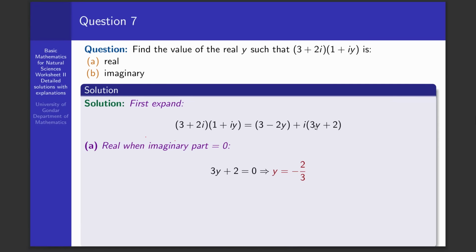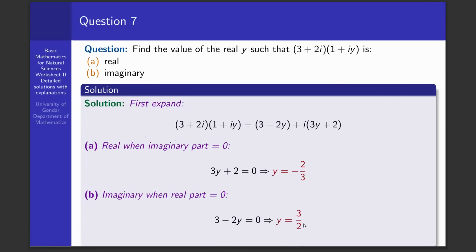Therefore, whenever y is negative 2 over 3, this complex number will be real, as its imaginary part becomes 0. To make it purely imaginary, we have to make the real part 0. The real part is 3 minus 2y, so when it is 0, y must be 3 over 2. Therefore, whenever y is equal to 3 over 2, this complex number will be a purely imaginary number.